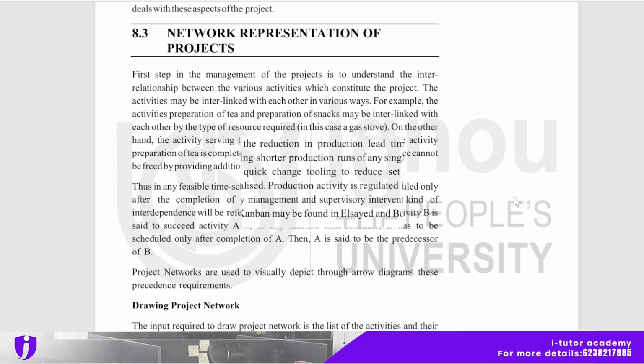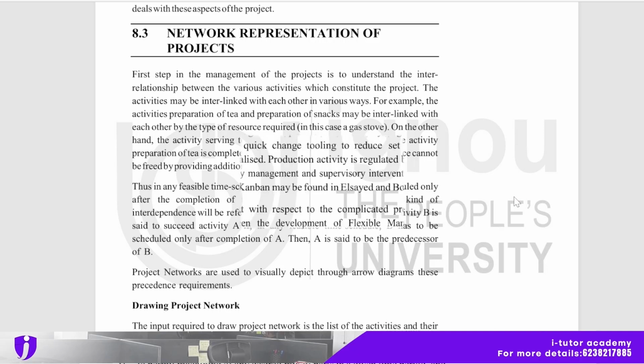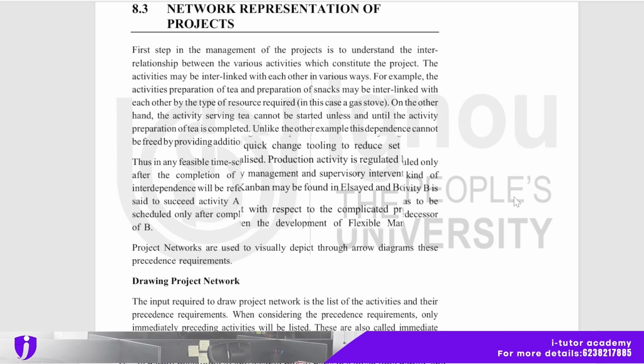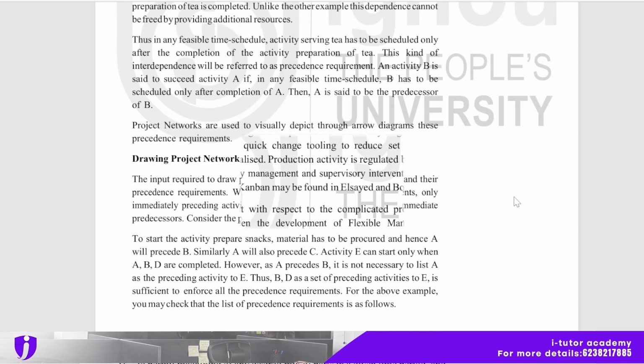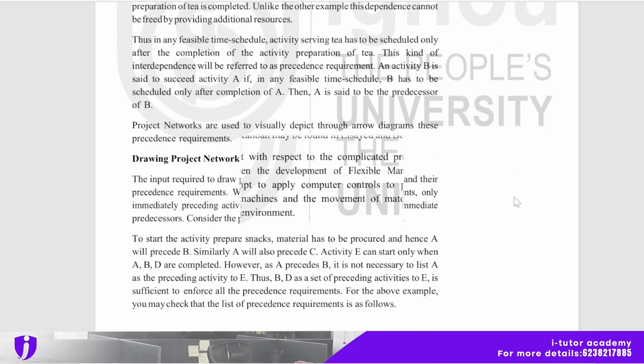On the other hand, the activity serving tea cannot be started unless and until the activity preparation of tea is completed. Unlike the other example, this dependence cannot be removed by providing additional resources. And thus in any feasible time schedule, the activity serving tea has to be scheduled only after the completion of the activity preparation of tea. So this kind of interdependence will be referred to as the precedence requirement.